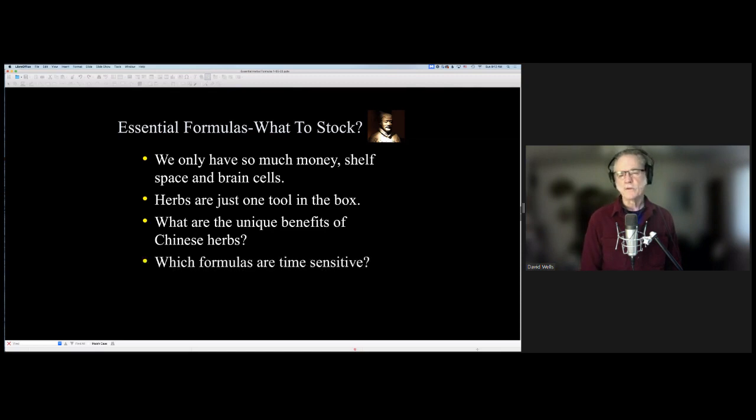Another question that's important to ask about herbs is which formulas are time sensitive. That is, if a patient comes in to see you and they are sick right now, and you can pull something off the shelf and hand it to them to help them deal with their acute symptoms, you've done them a huge service.